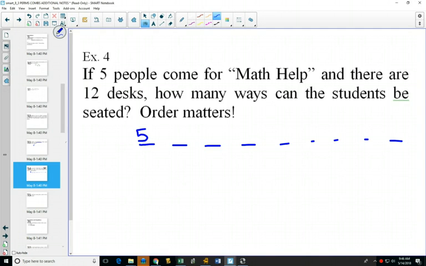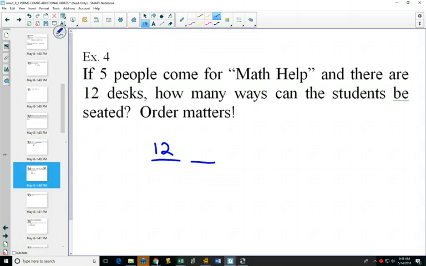And in fact, the desks are not your decisions. What your decisions are is the first person comes in. They look around. How many choices of desks do they have? 12. The second person comes in.